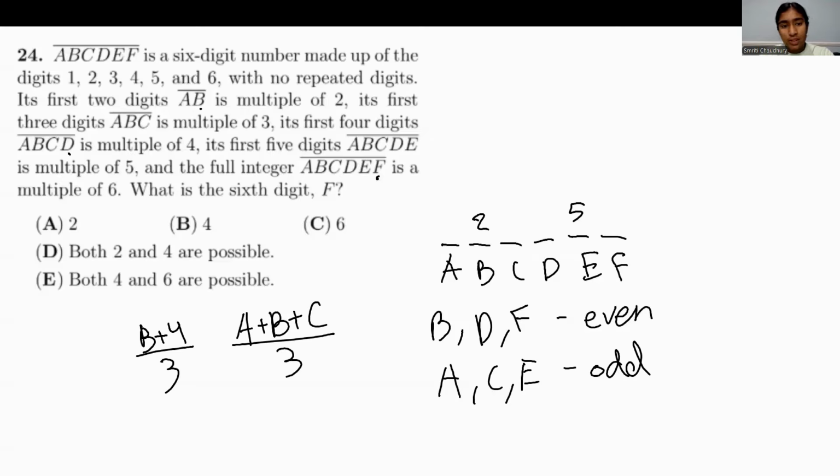Now 14 is not divisible by 4, but 16 is. Same way, if C was 3, 34 is not divisible by 4, but 36 is. So D must be 6, which means that F must be 4. So our answer is B, which is 4.